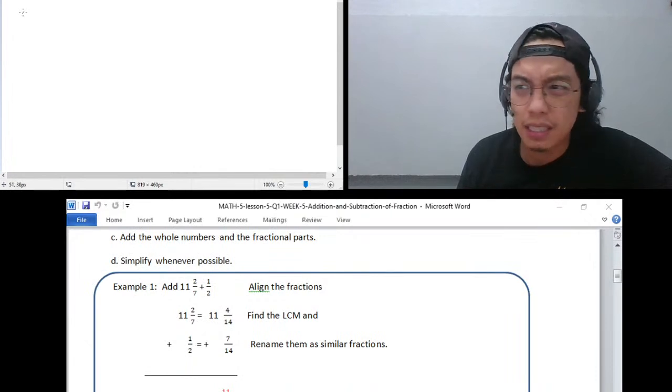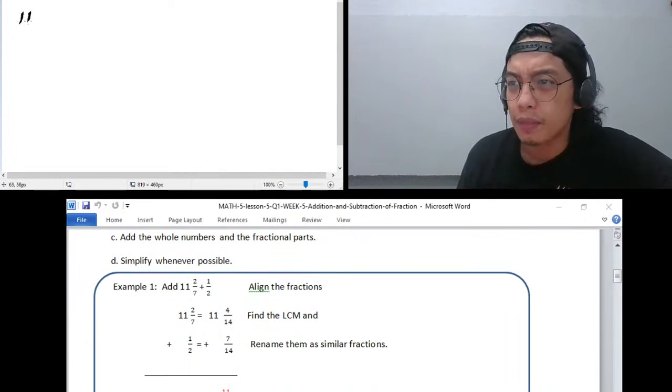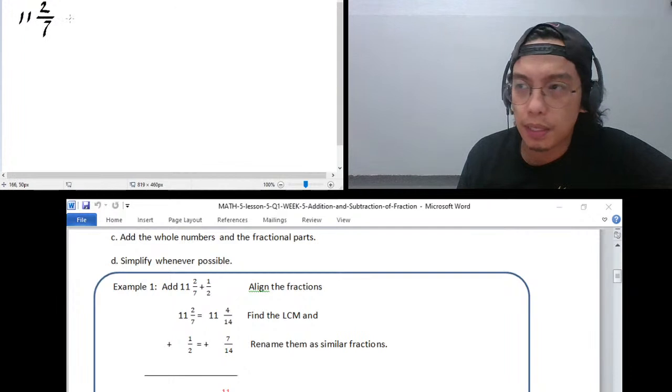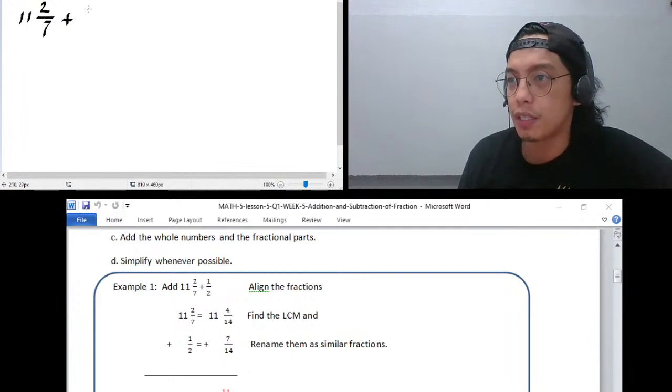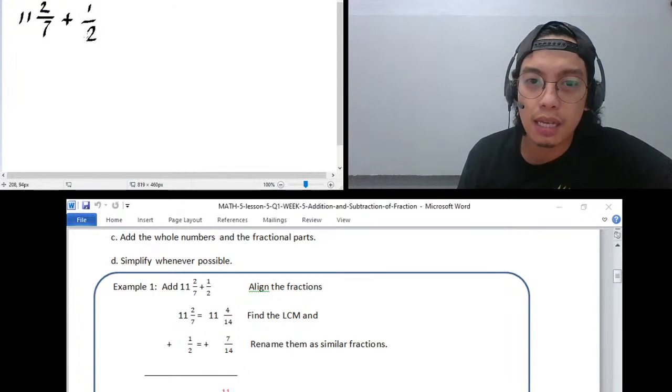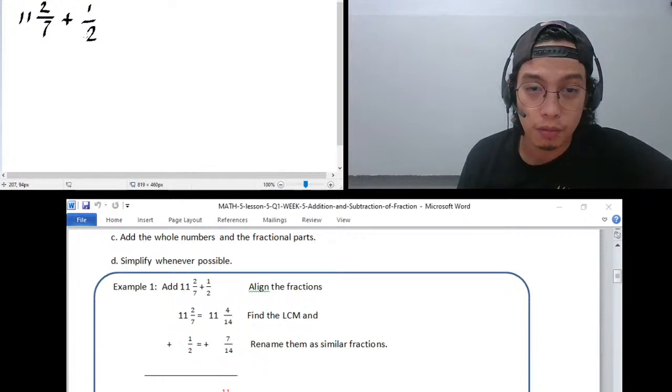Add 1 and 2/7 plus 1/2. So, atong una is align the fractions. Giunsa man siya.